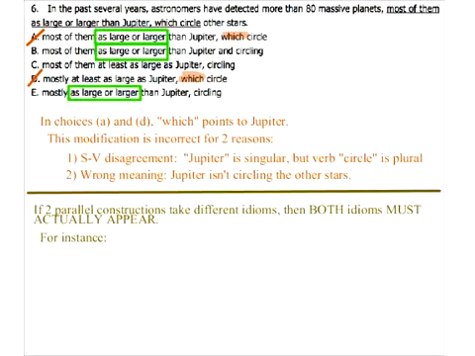If you say something like, X is either bigger or smaller than Y, then this is actually correct. We'll talk about why in a second. But if you say something like, X is greater or equal to Y, then this is incorrect.